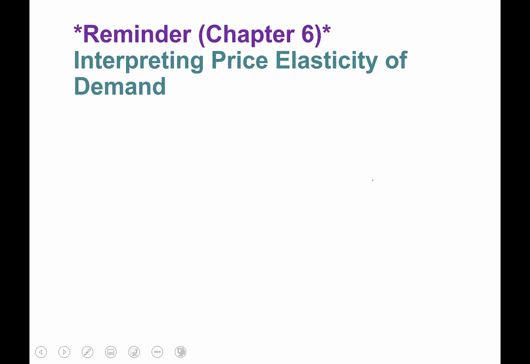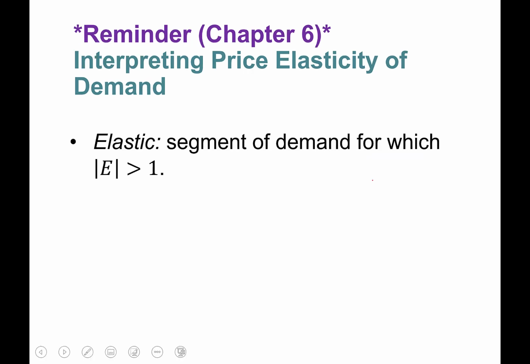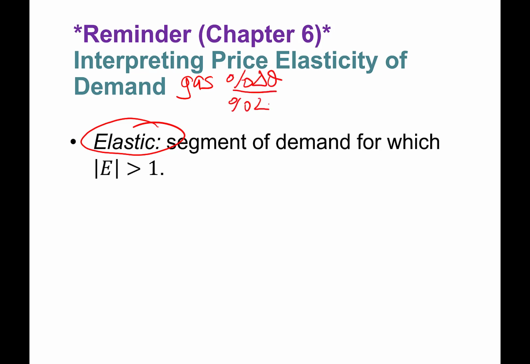Okay, so interpreting price elasticity of demand, if you find price elasticity of demand that is greater than 1 in absolute value, we call this elastic demand. I'm going to give you actually two examples first. For instance, gasoline. Percent change in quantity divided by percent change in price.